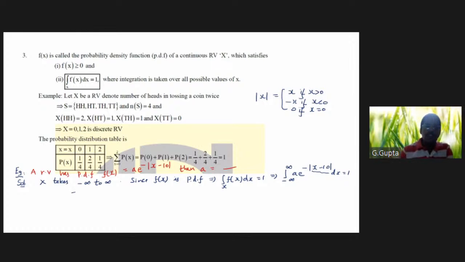According to splitting the limits, the integral a to b can be written as a to c plus c to b. That is minus infinity to 10, taking out a as a multiplication constant, e to the power minus mod x minus 10 dx, plus a times 10 to infinity e to the power minus mod x minus 10 dx is equal to 1.